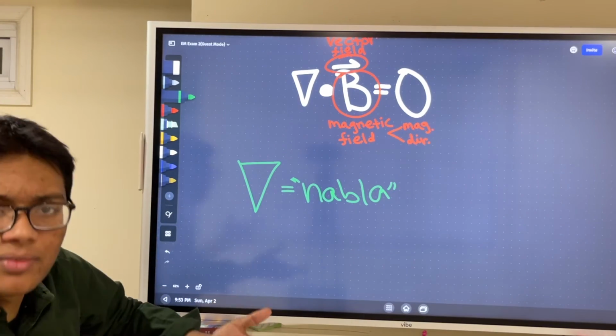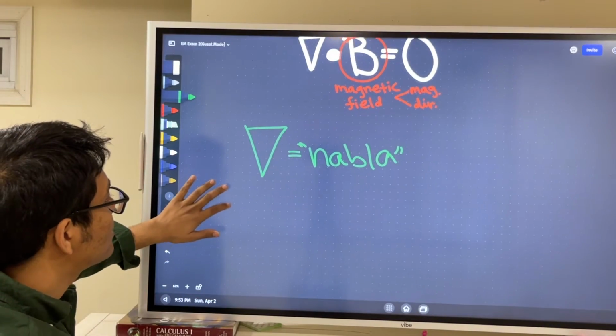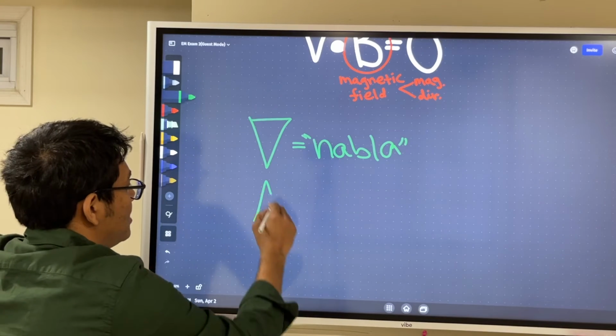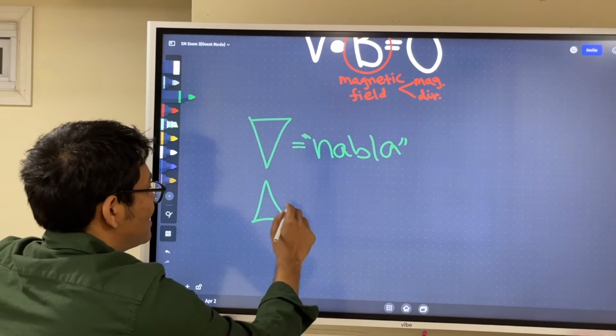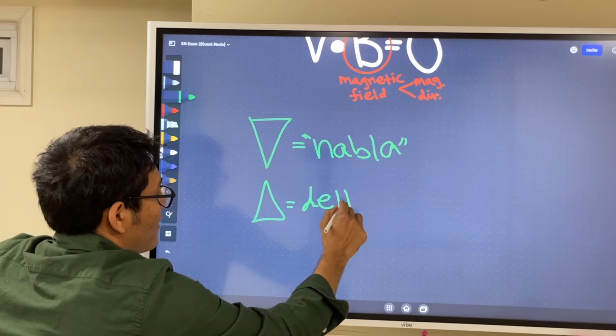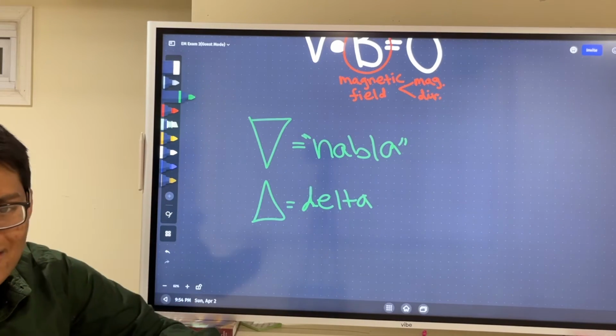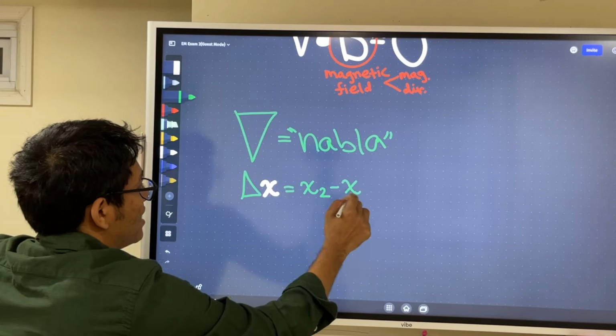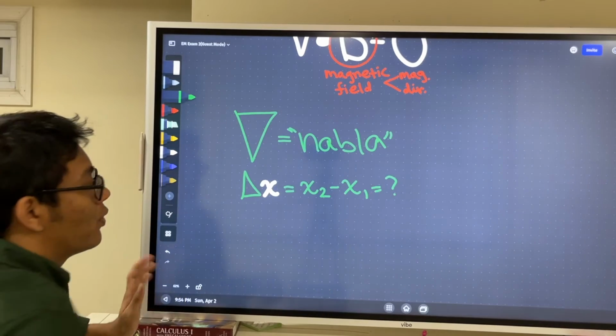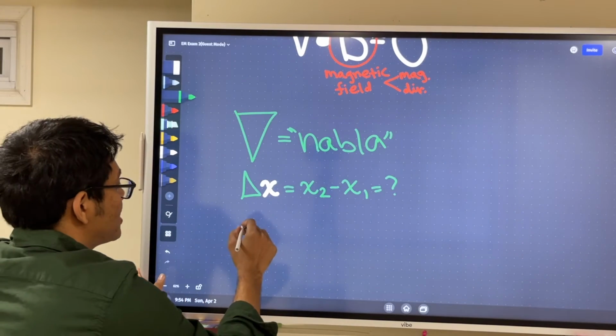It's very similar in practice to its cousin, the right side up triangle. That is delta. Now most people, if you ask them what does delta x mean, will say x2 minus x1. Well, Nabla works almost the same way.